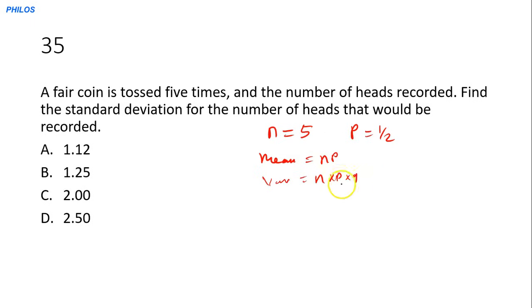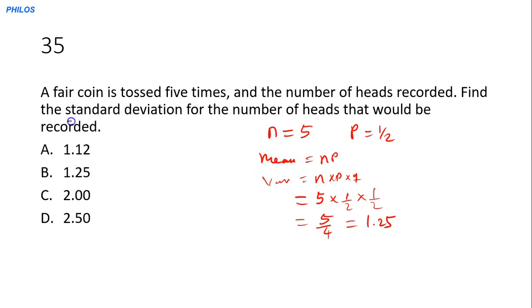So let's find variance. n is 5, p is 1/2, times q, which is 1 minus p, also 1/2. So 5 times 1/2 times 1/2 will give you 5/4, which is 1.25.